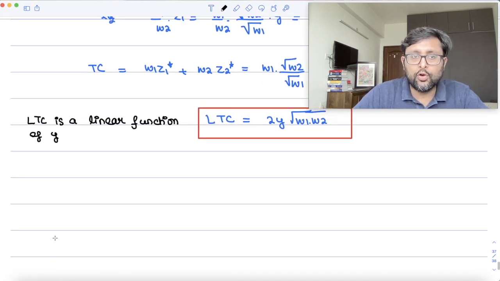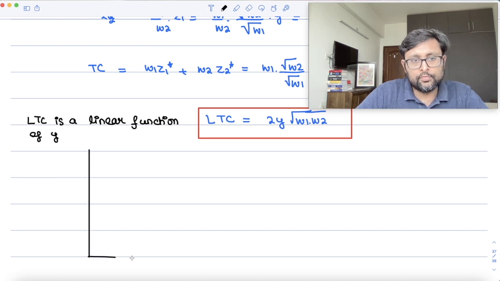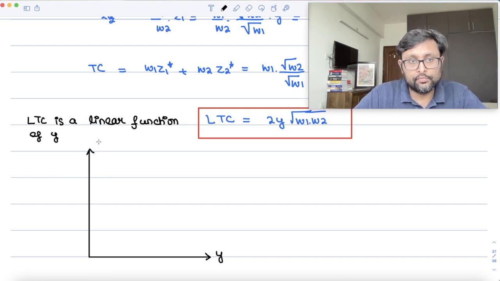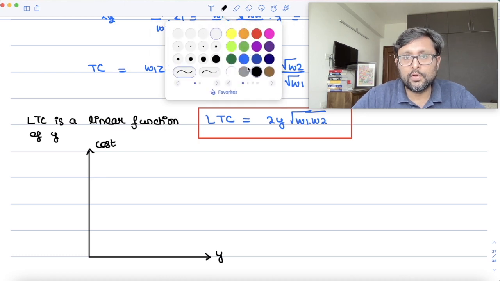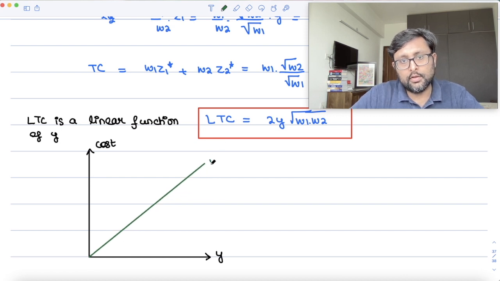So when y is 0, your long run total cost function is 0. So if you're not producing anything, you do not have any cost in the long run.